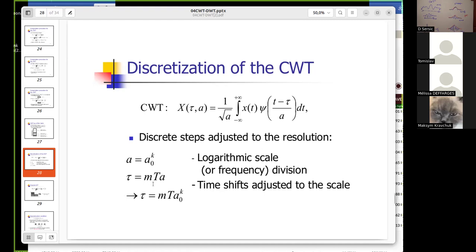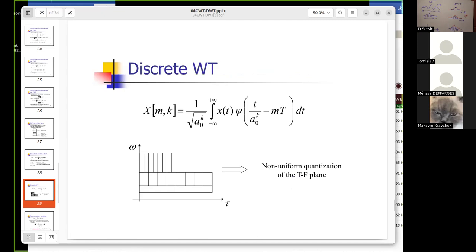So our quantization, where m is some integer, must be proportional to some constant multiplied by the actual scale. If the scale is smaller, it must be denser. If the scale is bigger, you can make longer steps. So this is the way how to discretize the CWT.